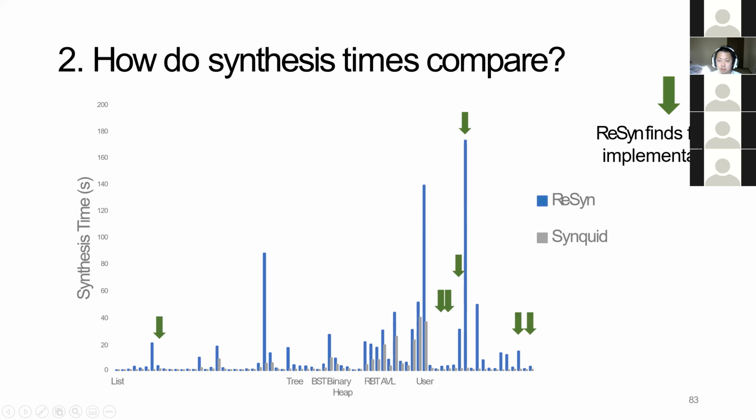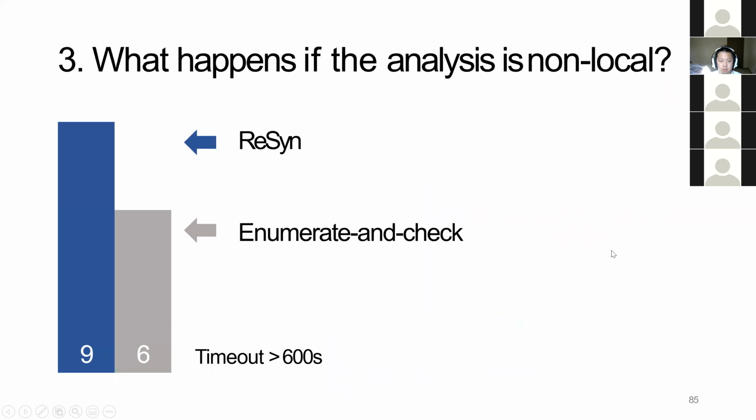Here they find the fastest implementation on 1, 2, 3, 4, 5, 6, 7, and they depend on 1, 2, 3. They also compare their tool to the enumerate-and-check naive approach, and the results turn out that they can solve more problems than the naive approach.